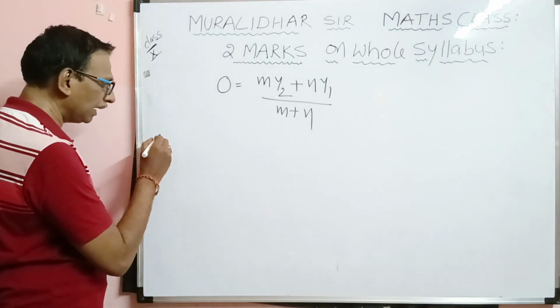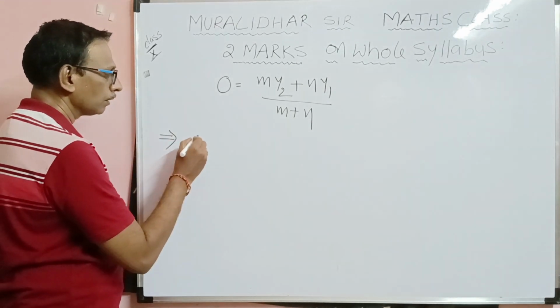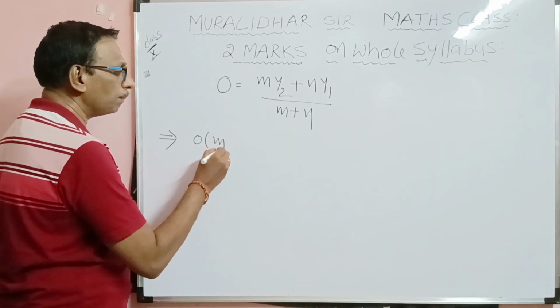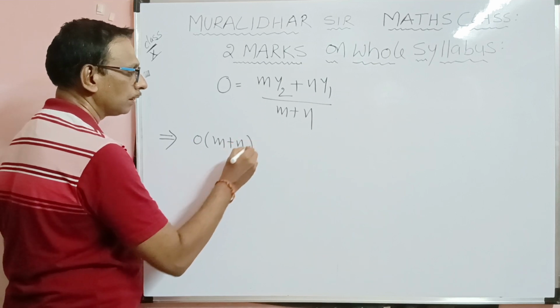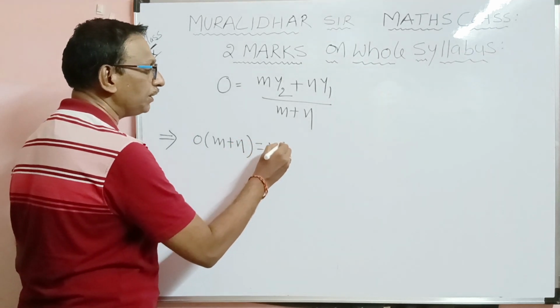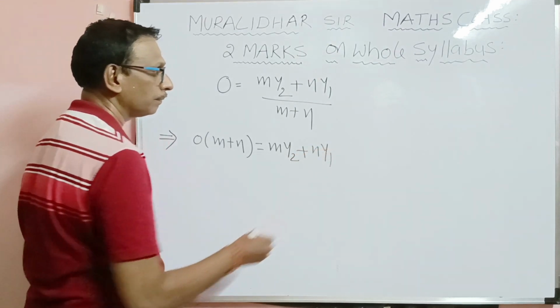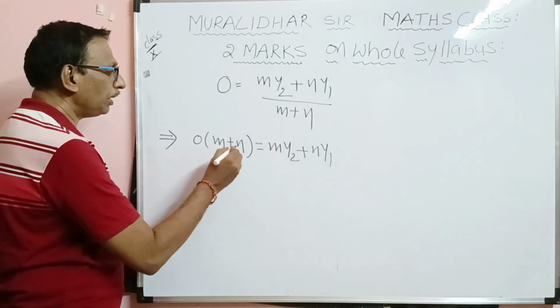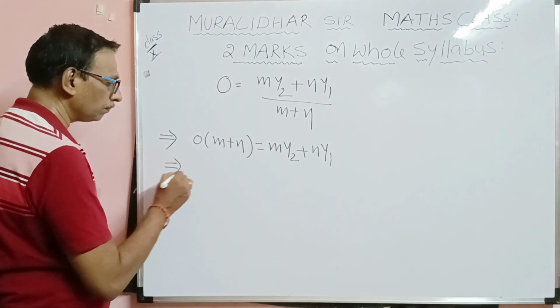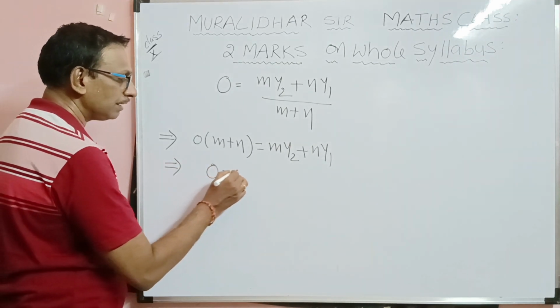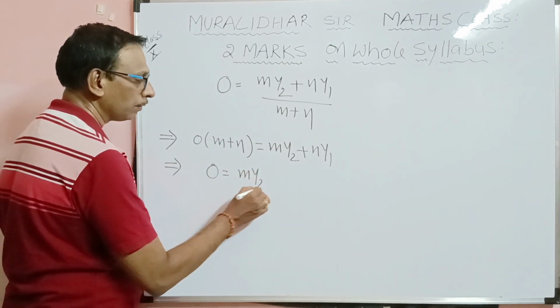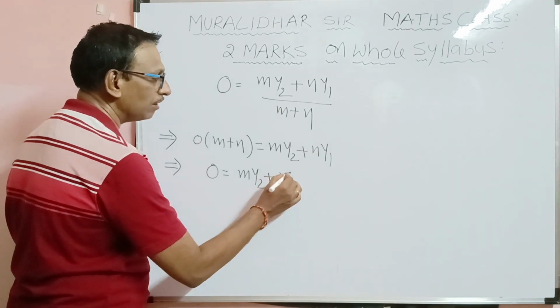By cross multiplication, 0 into (m plus n) is equal to my2 plus ny1. 0 into (m plus n) is equal to 0. That is 0 is equal to my2 plus ny1.